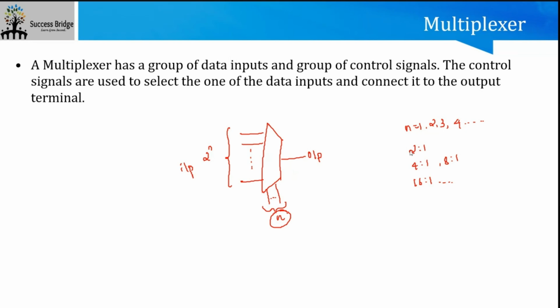It's very simple and very useful, and we will be using it extensively in our designs. If you work as a DFT engineer, you will work with multiplexers throughout your career. Multiplexers play a key role in DFT.